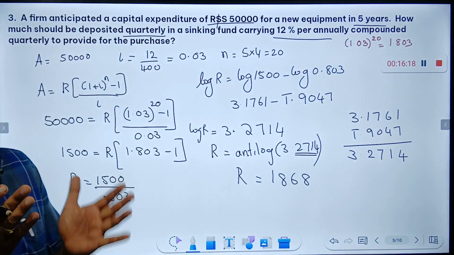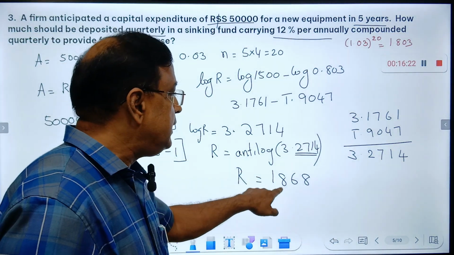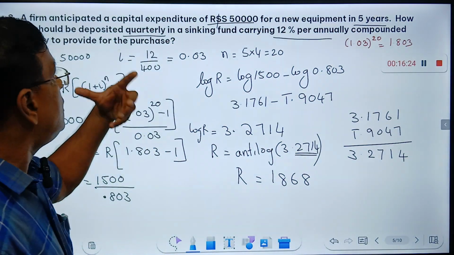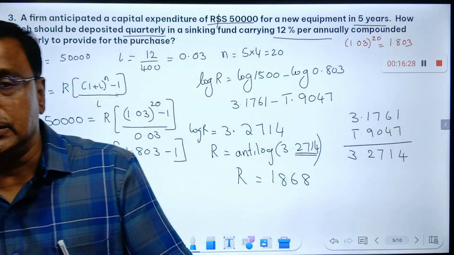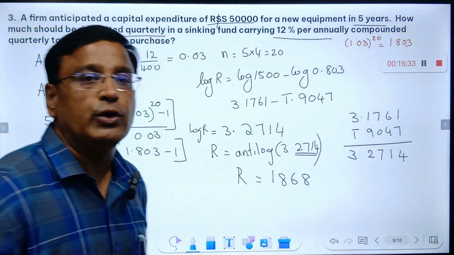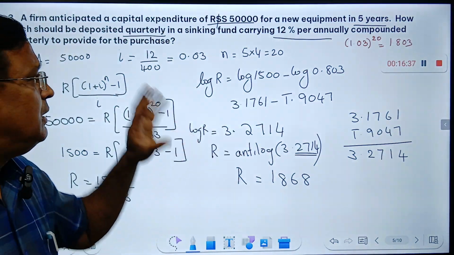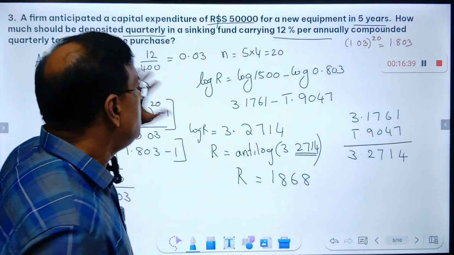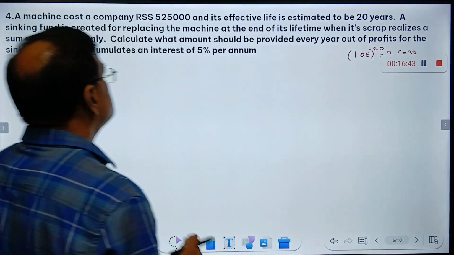So every quarter, I have to pay 1,868 for 5 years at 12% interest, so that I get 50,000 rupees to buy that new equipment. Is it clear? I think it's very, very simple. The storyline is different, but the mathematics is the same. Let's go to the next question.